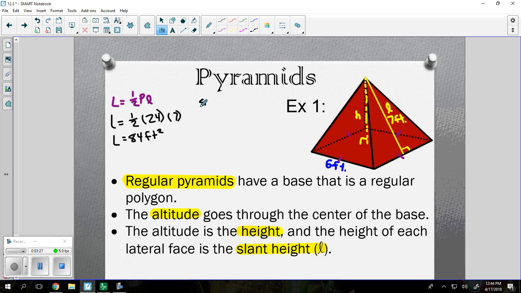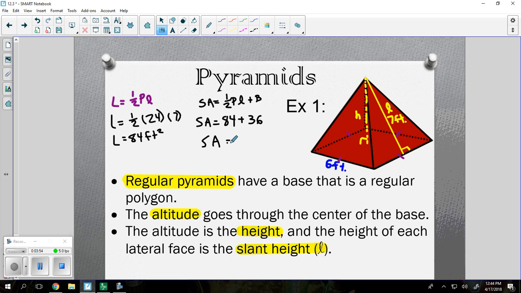And then to get the surface area, it's the half perimeter times slant height plus the area of the base. So this part we already have exact, so I'm just going to write that down. We already knew half PL was 84, plus, to get the area of the base, I'm thinking, well, it's a square. It's 6 by 6, which would be 36. Add those together.